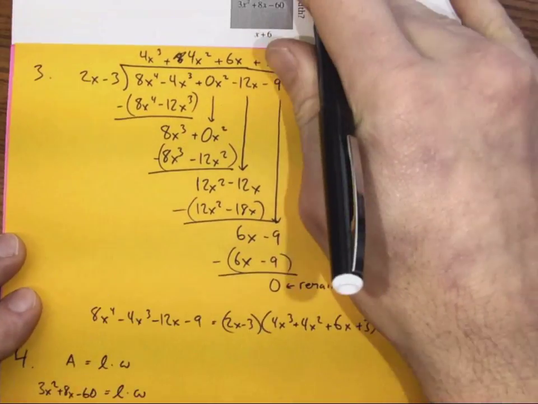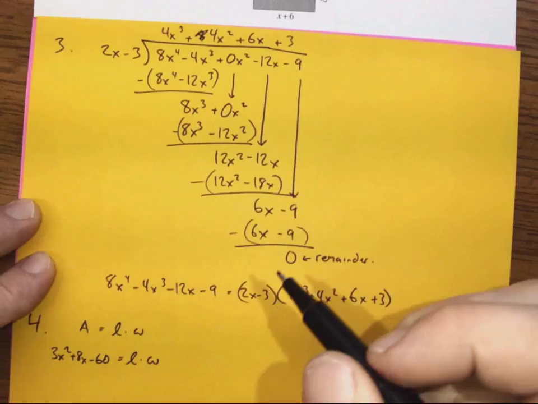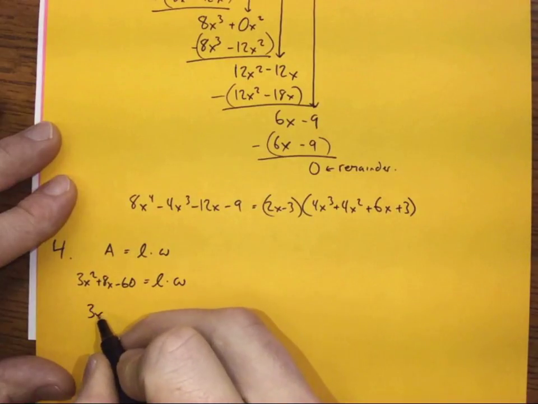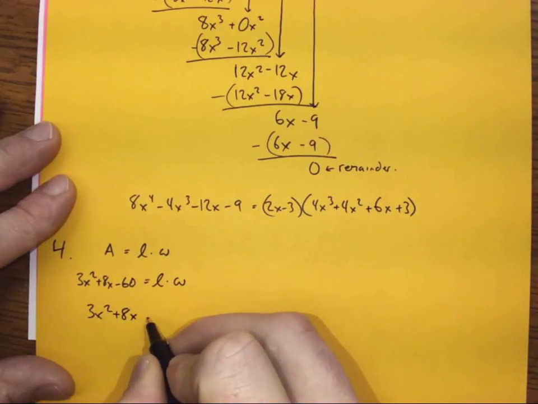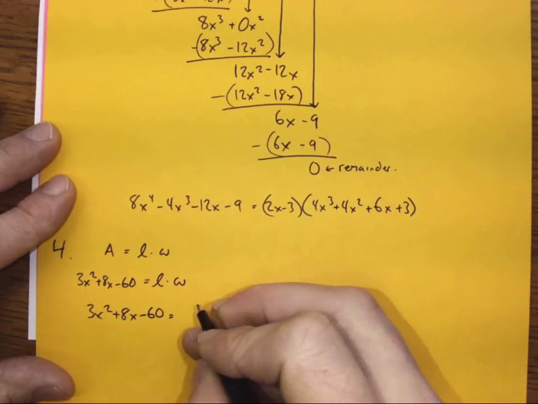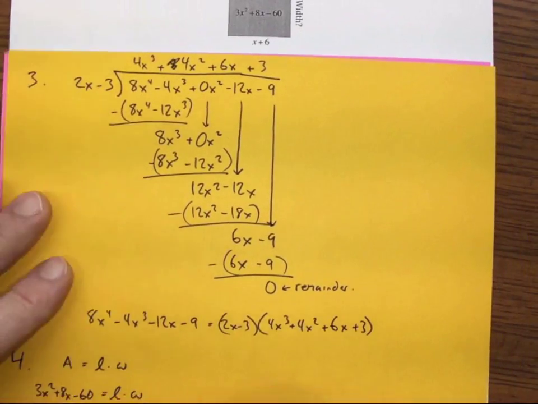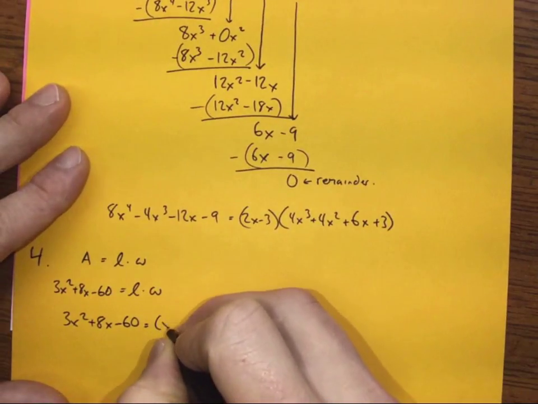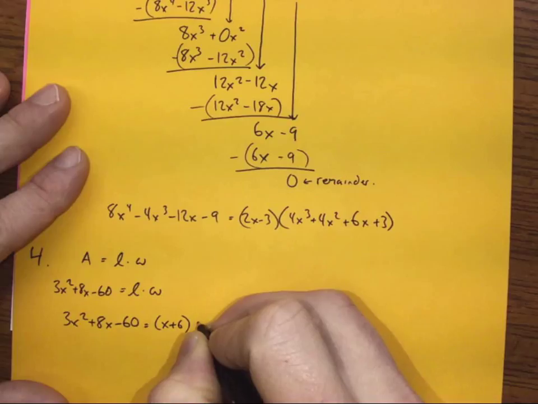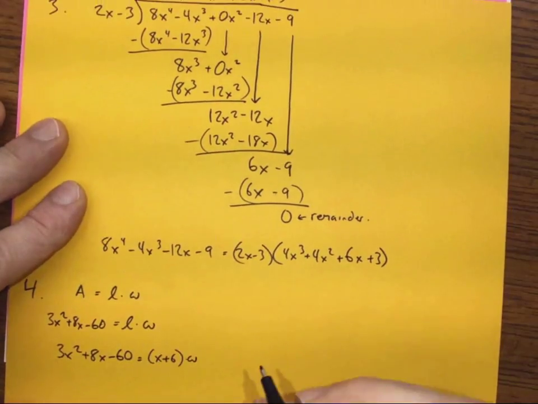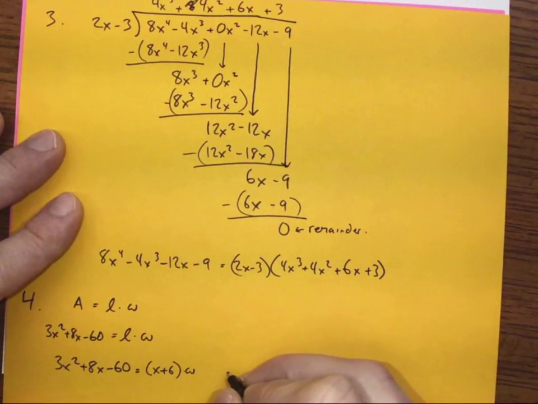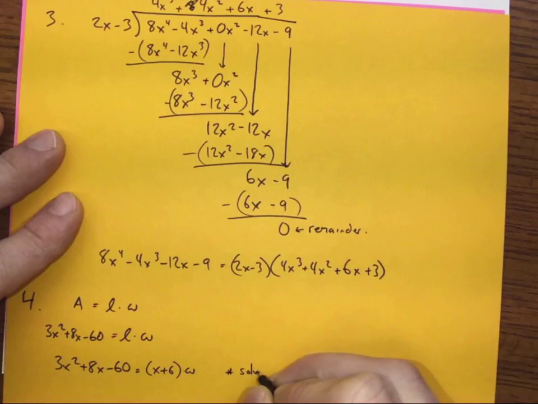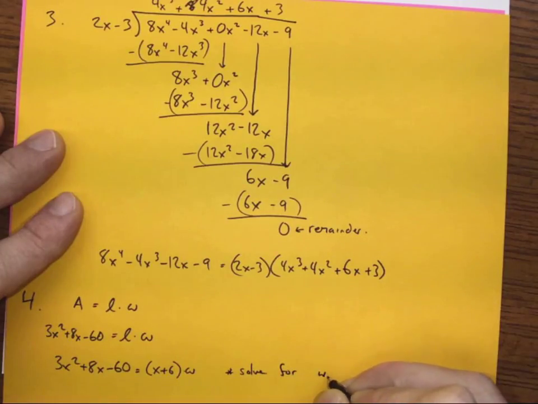And the length in this case is x plus 6. So we know 3x squared plus 8x minus 60 is equal to x plus 6 times w. And I need to know how to solve for w.